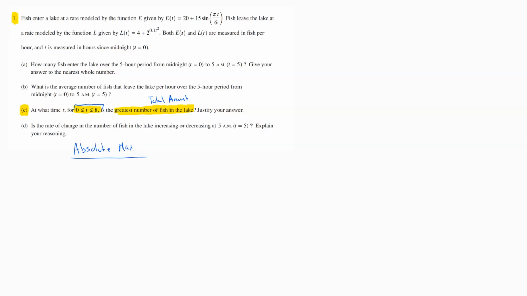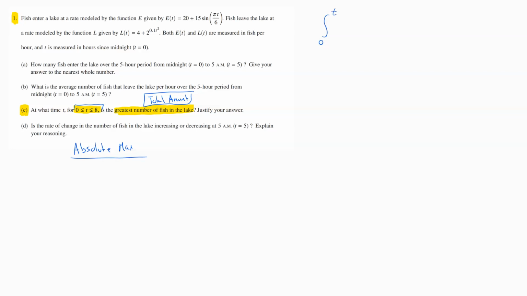So the first thing we need to do is come up with an equation that's going to give us our total amount of fish in the lake at any given time. And that's going to be using an integral. An integral gives us the total amount of something. It's an accumulation tool. And what we want to accumulate is the total amount of fish. So what that's going to look like is the integral from time 0 to some time t.